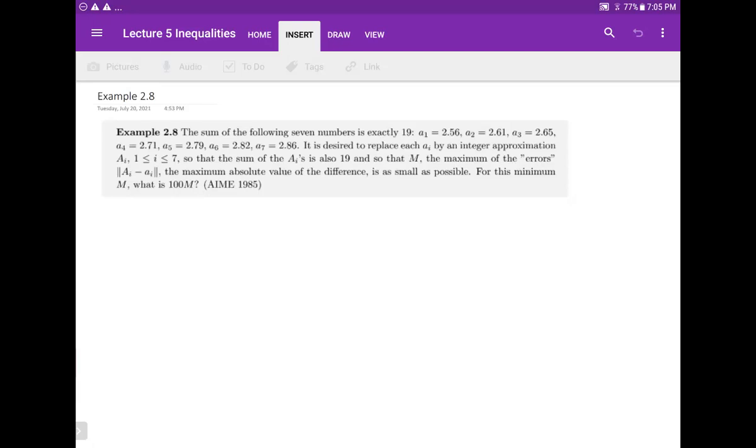We write 19 as the sum of seven numbers, each of which is 2 or 3. And so how will we do that? Well, we can just solve a simple system of equations. We have 2x plus 3y equals 19, x plus y is equal to 7, right? x is the number of 2s, y is the number of 3s.